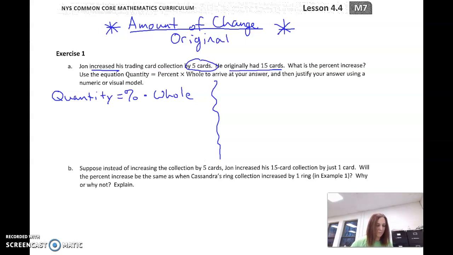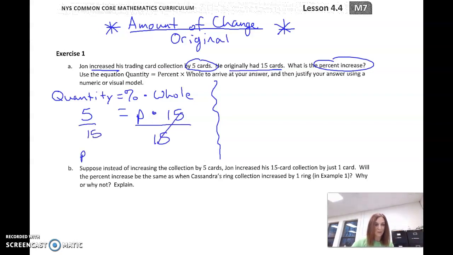All right, so we don't have a percent because it's asking for a percent increase. We have an original amount, right? Our whole is 15. And he's increasing it by 5. That's the part out of the whole. So we put our P in for percent, and then we solve this equation. We're undoing the multiplication by division.